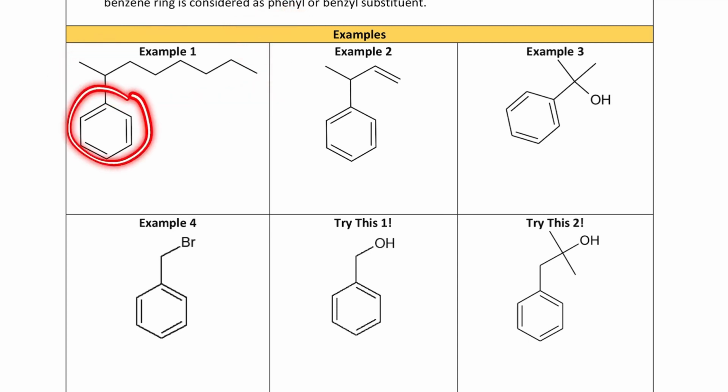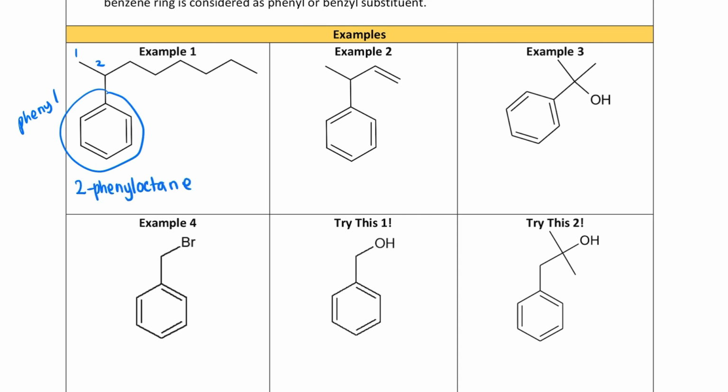Okay, so since ini substituent, so kita start counting number 1 dekat dengan benzene ring. Okay, so 1, 2. Okay, so number 1, number 2 here. Okay, so kiranya kita ada benzene ring seketul je sebagai substituent, kita panggil dia phenyl. So nama dia akan jadi 2-phenyl octane. Okay. Alright, so that is for example 1.